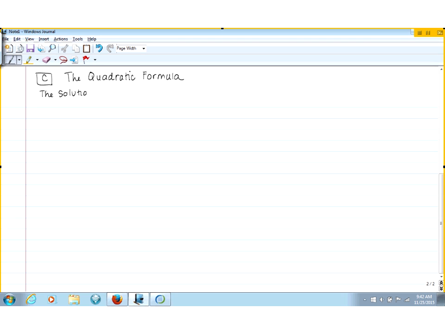So the solution of ax squared plus bx plus c is equal to 0 is given by the quadratic formula. Does anybody know what it is? Negative b plus or minus square root of b squared minus 4ac all over 2a. And there's a sum also, right?